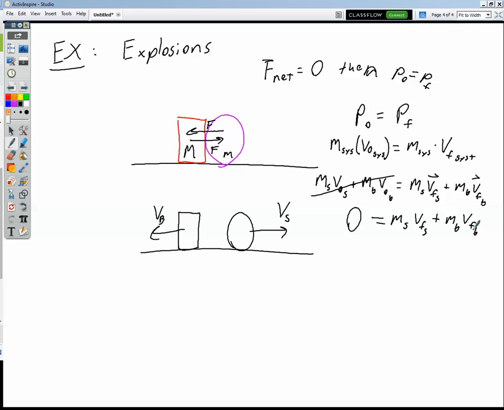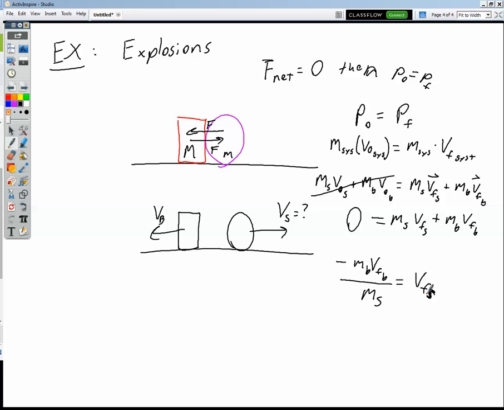And now remember again, we're looking for the final velocity of Susie. We know we measured Bobby's velocity. All right, so solving for V final of Susie, we have negative MB V final of Bobby divided by mass of Susie, and that gives us Susie's final velocity.